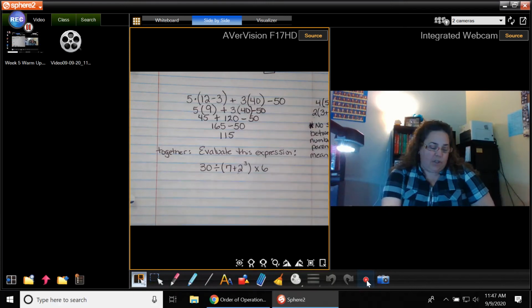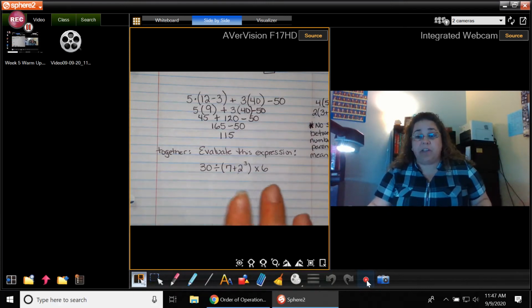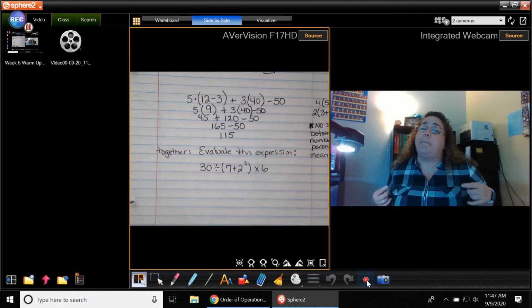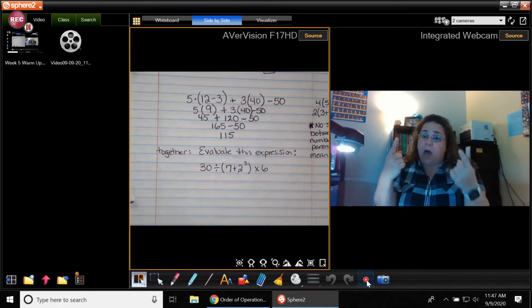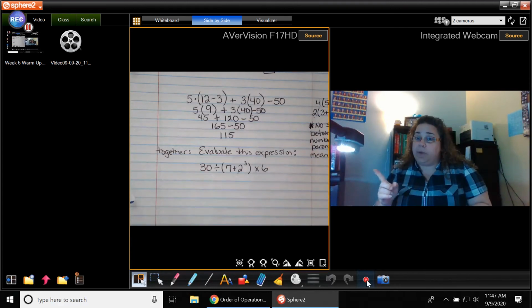So which one should I do first? Well, when I have two operations in the parentheses, I have to go back to my pyramid up top. And on my pyramid, which one comes first? Adding or exponents? Hopefully you said exponents. All right. So I do my exponents first.